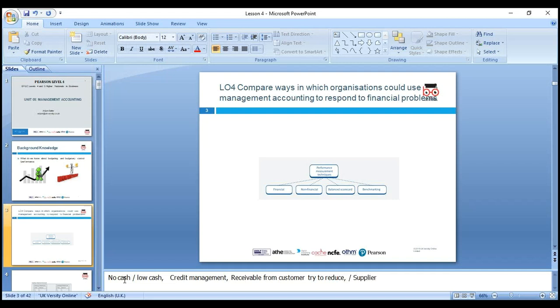Supplier payment, which we call creditor payments.